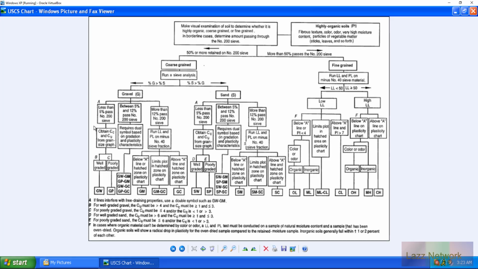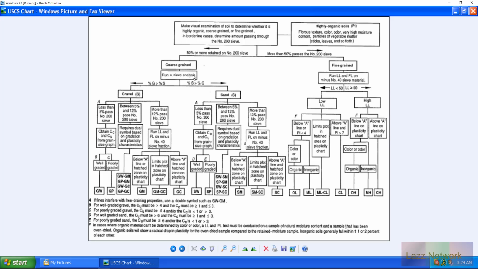You can Google Unified Classification System, and it'll tell you the ASTM number. But in that specific specification, it'll tell you, depending on what values you get from performing a full sieve analysis, whether it's well graded or poorly graded, which is fully from doing a full sieve analysis.